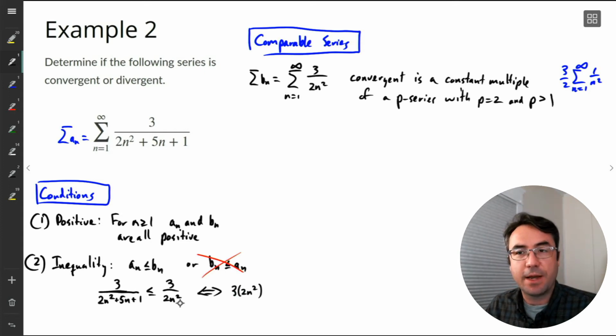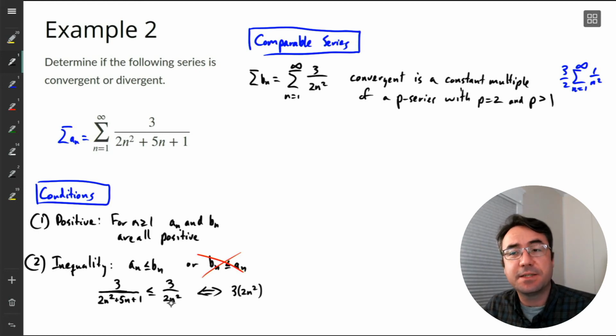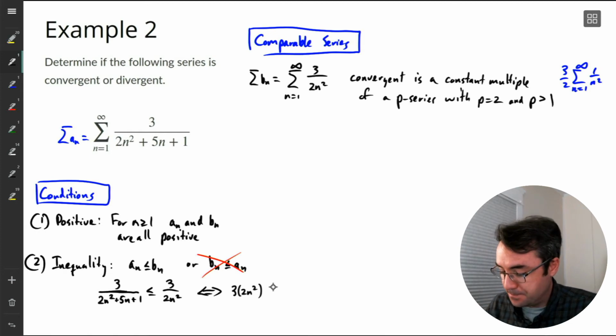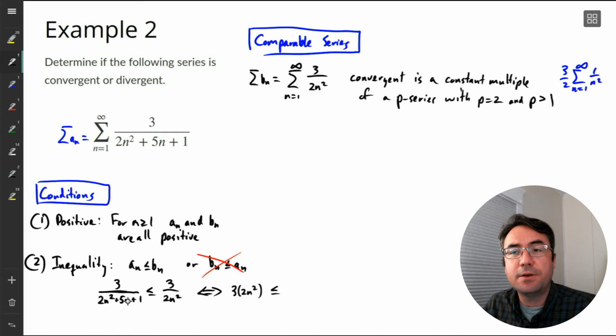It'll cancel out on the right. And 2n squared is positive because 2 is positive and n squared is positive. So we can multiply both sides of an inequality by a positive number, and it doesn't change the sign. And then the 2n squared plus 5n plus 1, we can multiply that on the other side.